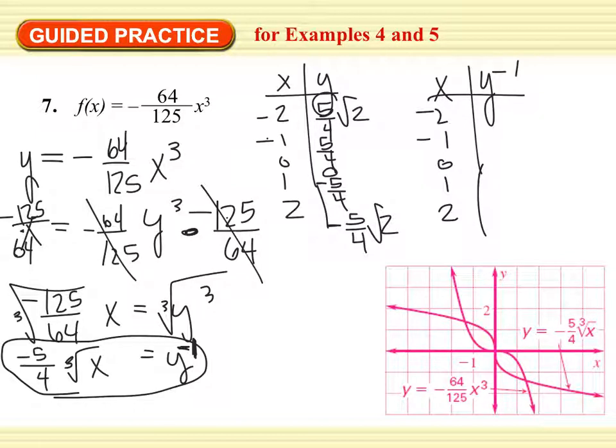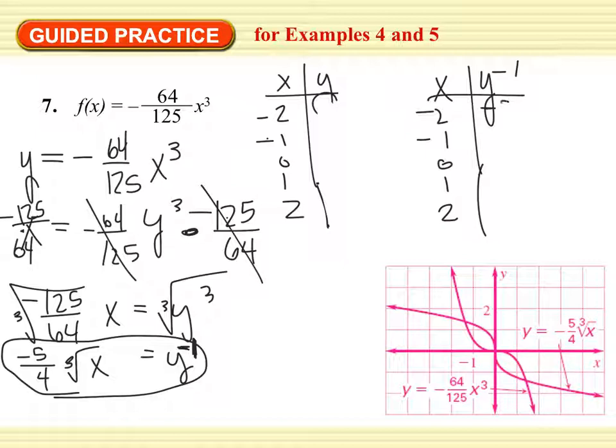Pretty messy if you ask me. Oh, that's wrong. I plugged that into my regular function, not my inverse function. Whew. So over here, I'm plugging this into my inverse.